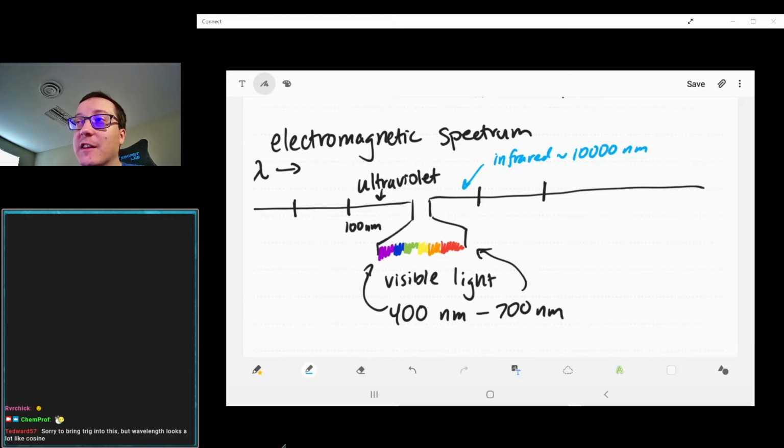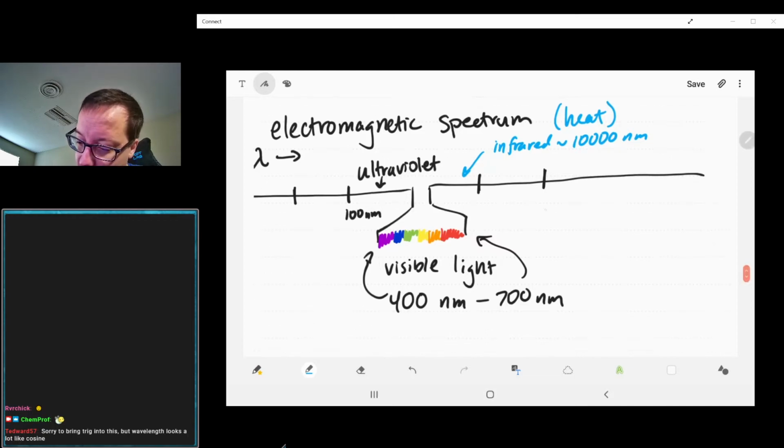Infrared energy, on the other hand, we can feel as heat. If you have some object that's giving off heat, like a fire, you're feeling infrared light. We can't see it, but we can certainly feel it. And that's going to be less energy than visible light.